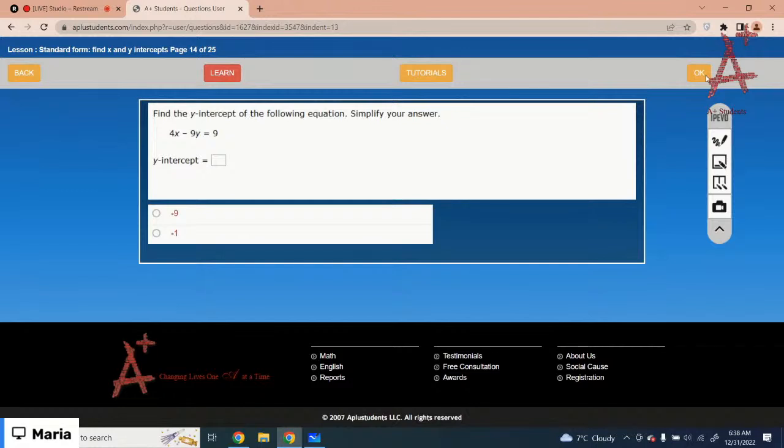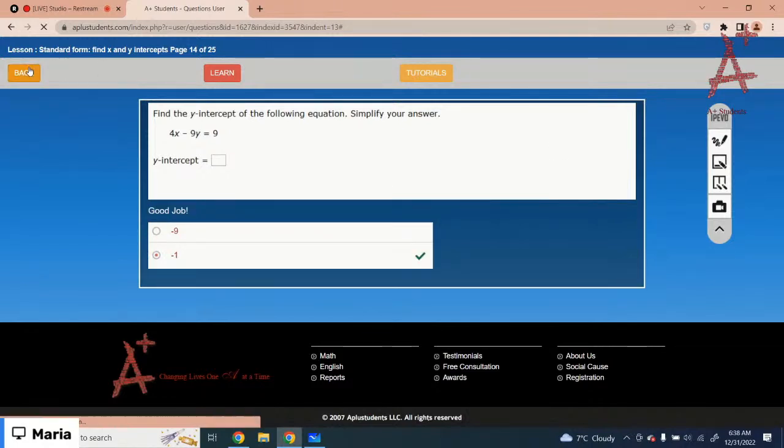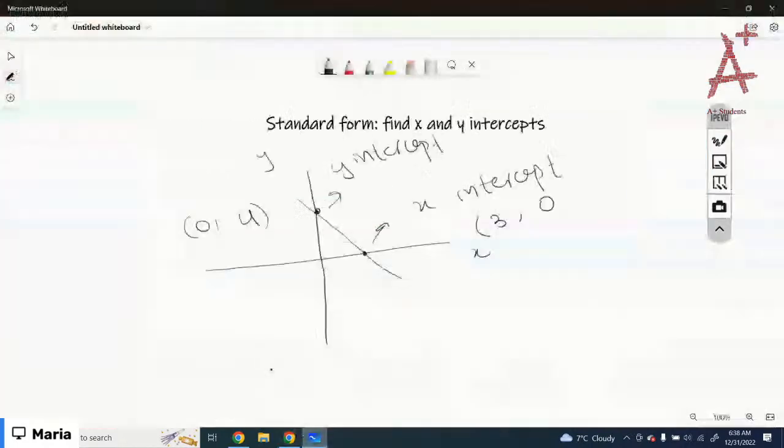Find the y-intercept of the following equation. So the y-intercept is -1. Got it? Okay, you can complete the test by yourself later today.